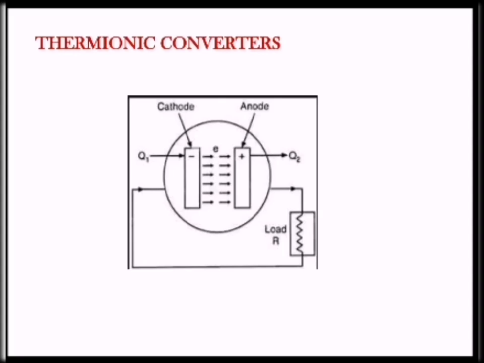On heating of cathode, the electrons are emitted from it and travel to anode. The cathode and anode are connected externally through the load circuit. As you see in the figure, that is load R. The electrons return back to cathode through the external circuit and the current flows through the external circuit.